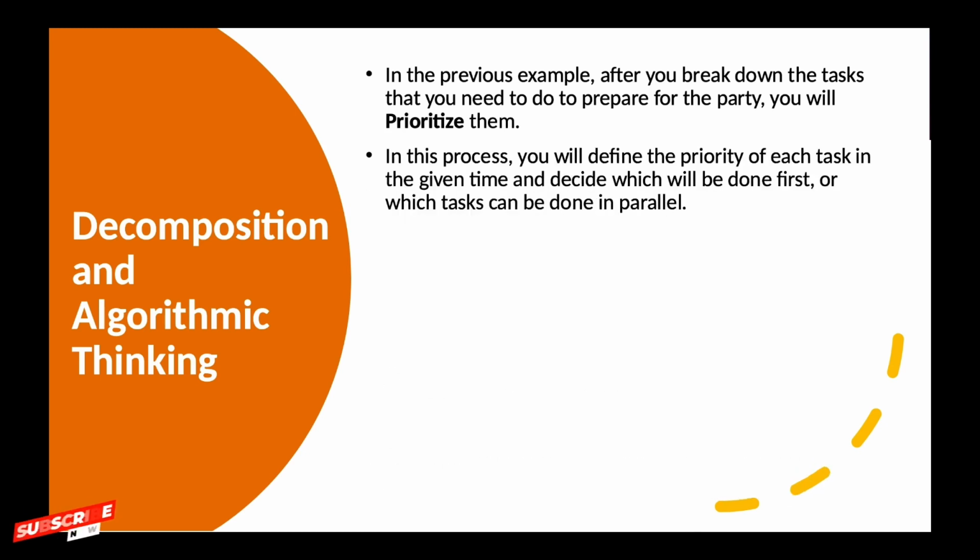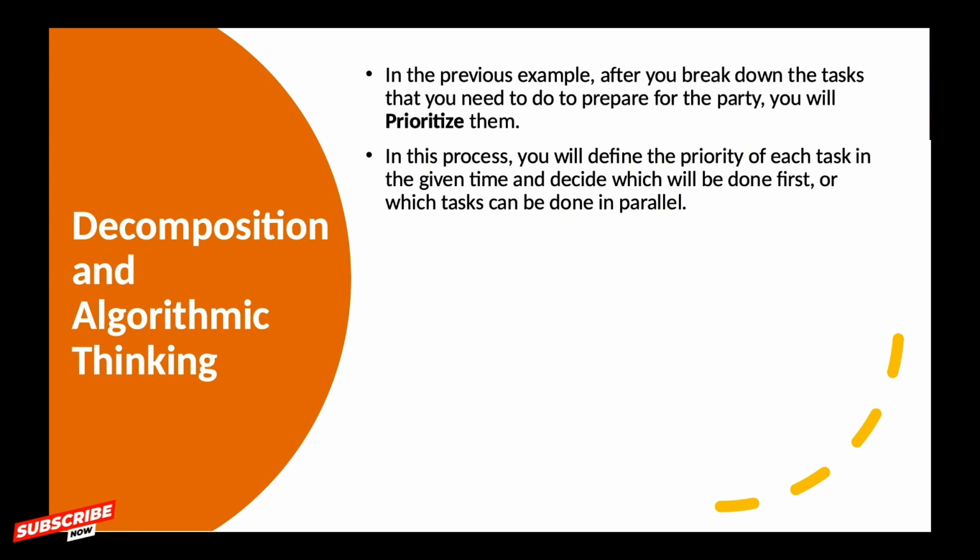So all those things you have to prioritize. Then the next thing is that in this process, you will define the priority of each task in a given time and decide which will be done first or which tasks can be done in parallel. So in algorithm and also in decomposition, you have to give a priority, which has to come first.